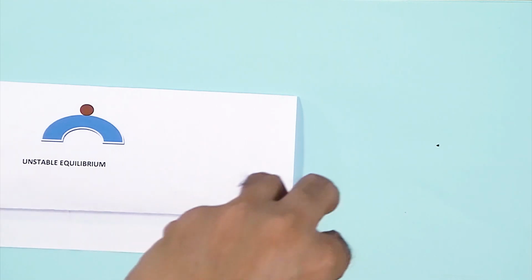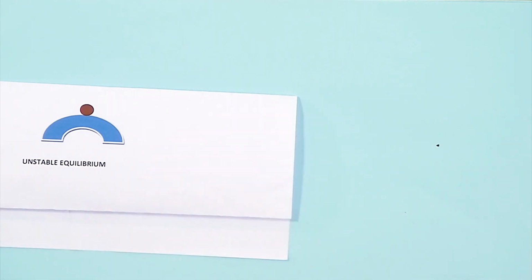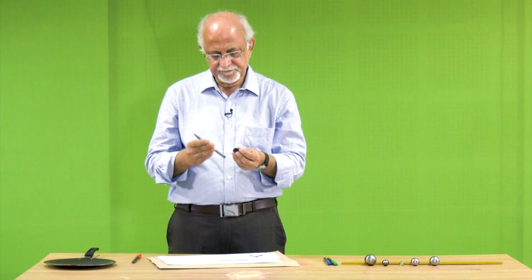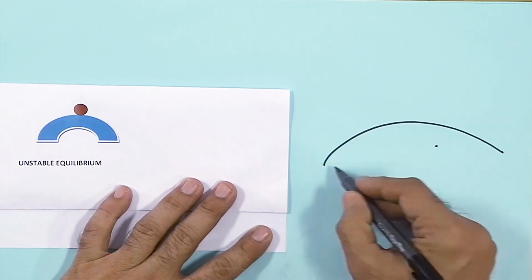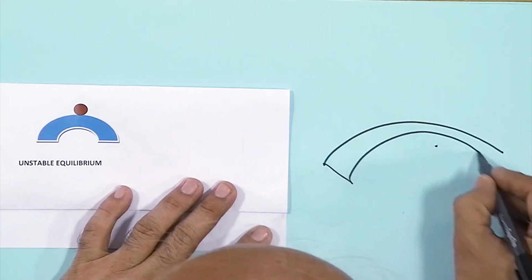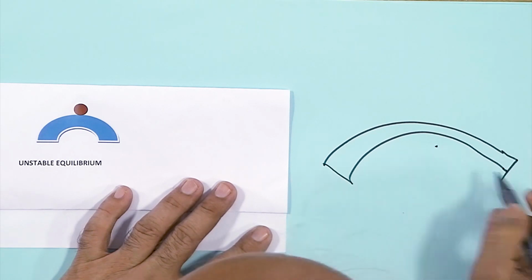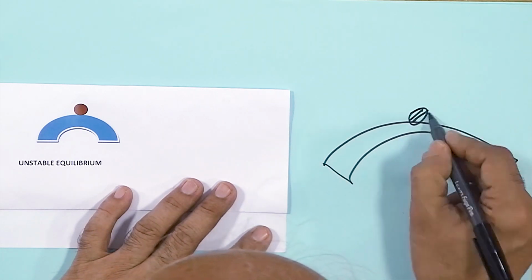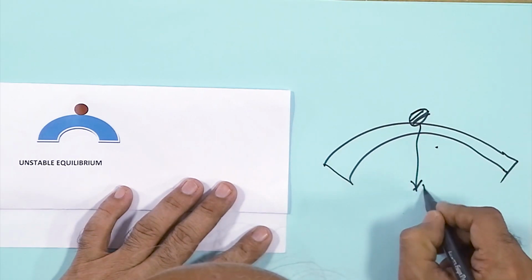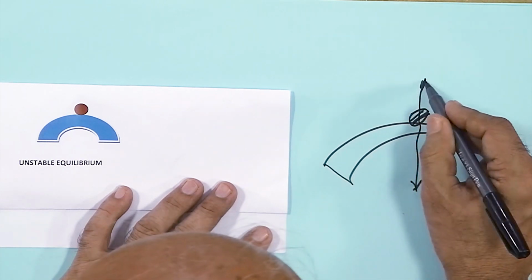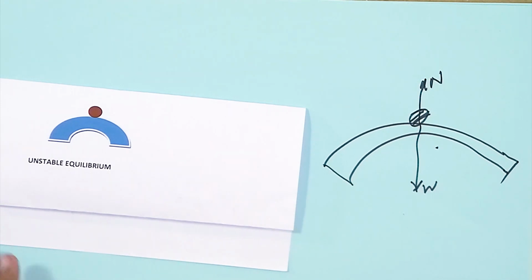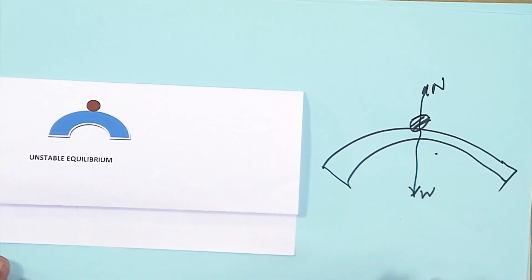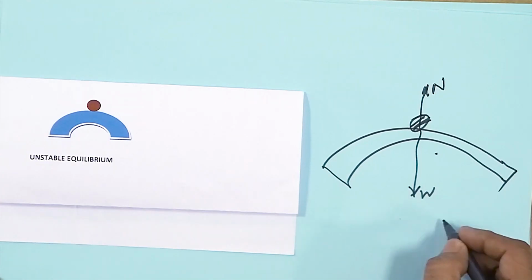When it remains stationary at the top of the convex surface, the forces acting on the body are like this. There are once again two forces, the weight of the ball W and the normal reaction, and at this topmost point these two are balanced, W is equal to N.